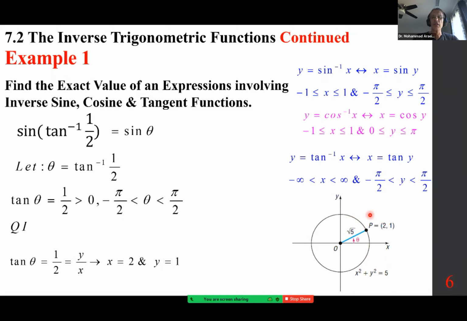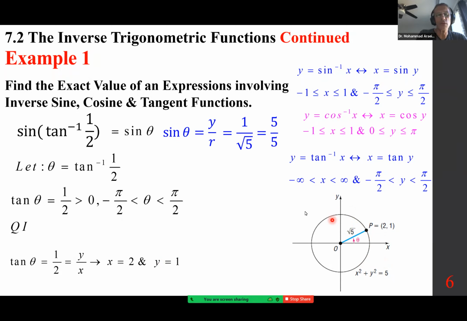Now sine theta is y over r, and the answer is 1 over square root of 5, which is square root of 5 over 5, because all you have to do is multiply by square root of 5 over square root of 5.